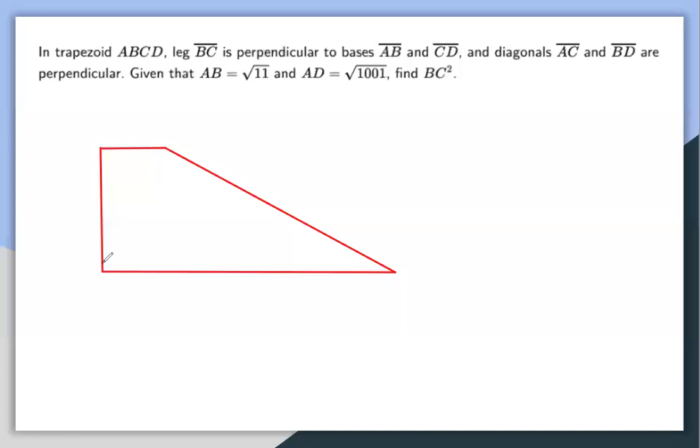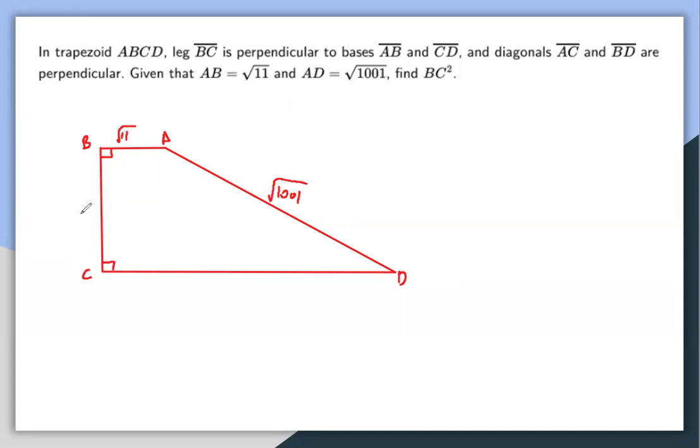So if I make this 90, and then this 90, this is B, this is C, and then this is A, and this is D. So this is root 11, and this is the square root of 1001.